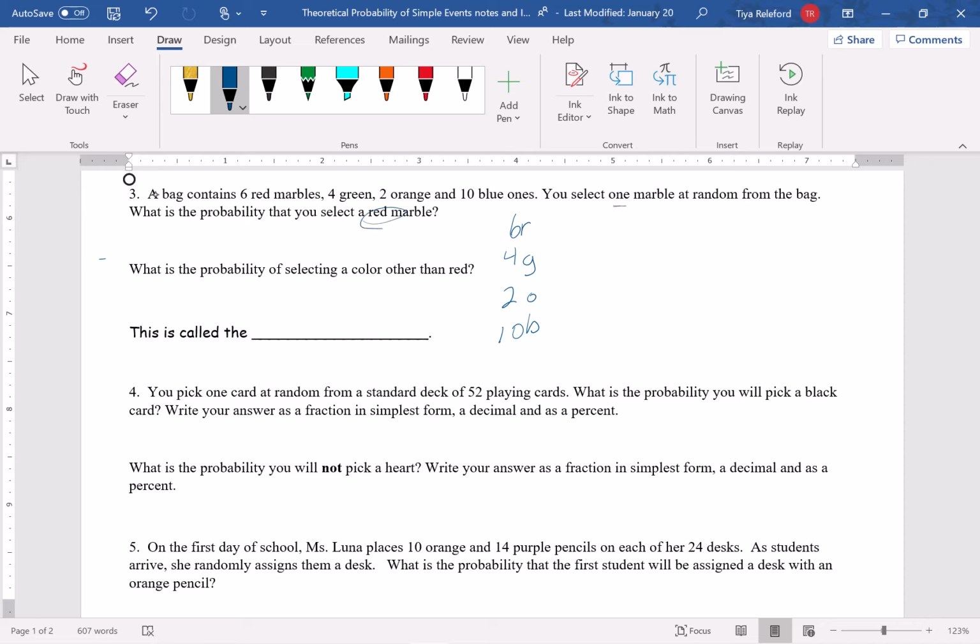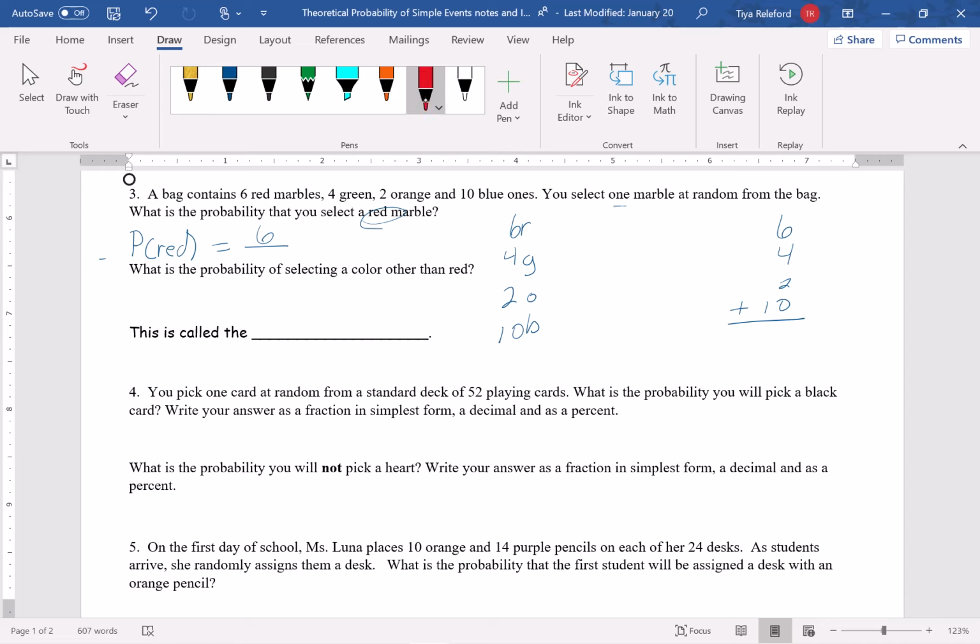What is the probability you select red? So we want probability of a red marble. How many reds are there? 6. And what's the total? You're going to have to add all of these up, right? That's going to be your total. Now I will tell you, you can simplify by 2 when you're done.